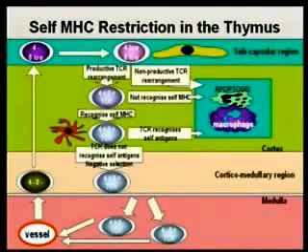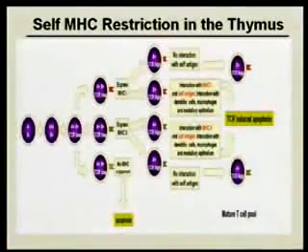This is shown in a couple of different ways. I'll skip over this slide and go to this slide. This basically describes the process of T cell maturation. When they enter the thymus, the precursors are typically CD4, CD8 negative. CD4 is a molecule primarily found on T helper cells, and the other population is CD8 cells, which are the T cytotoxic cells.